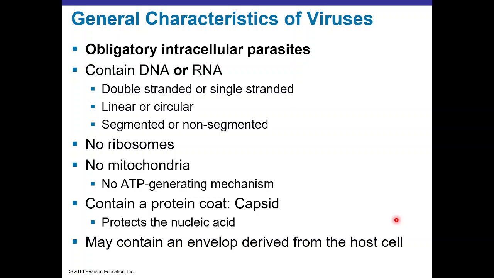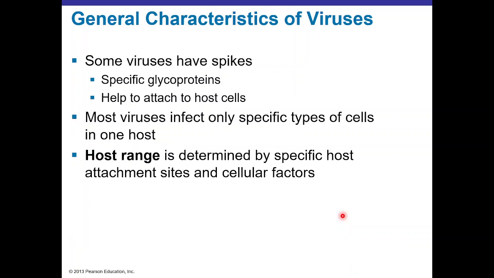Viruses don't have ribosomes, they don't have mitochondria, and around their nucleic acid, they have a protein coat that we know as the capsid that protects the nucleic acid. And some viruses contain an envelope that is derived from the host cell.